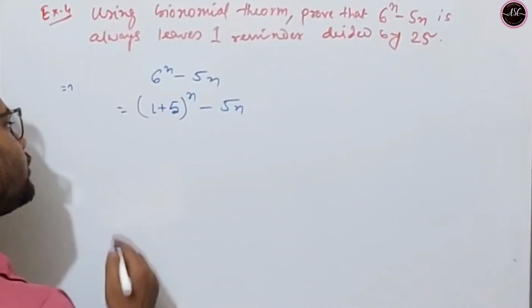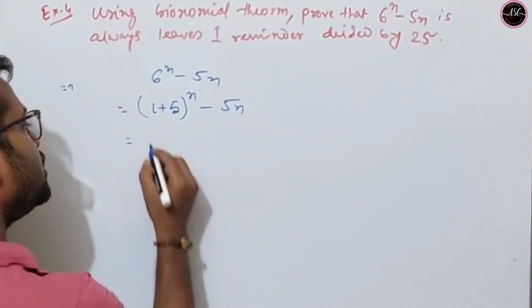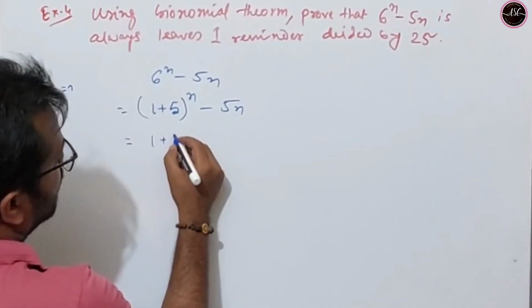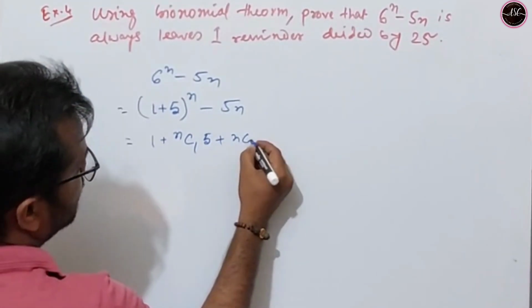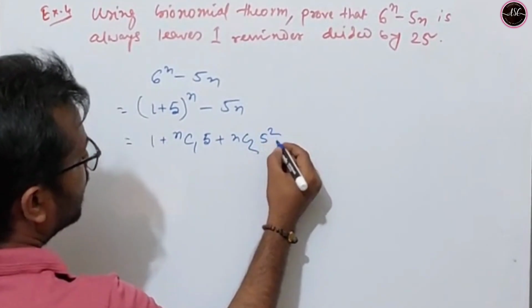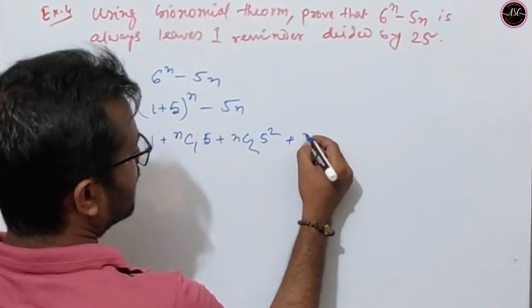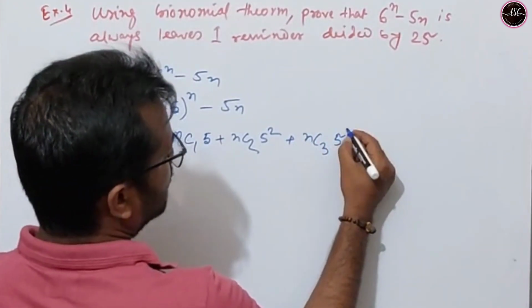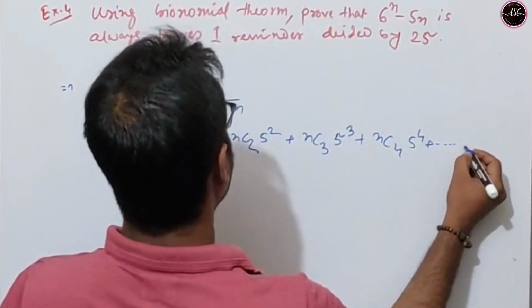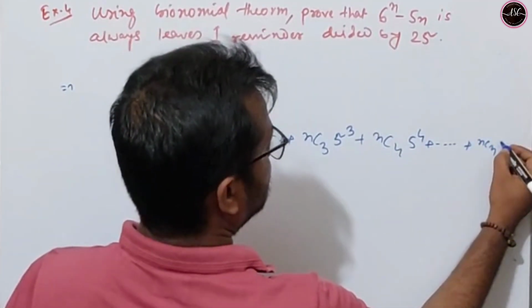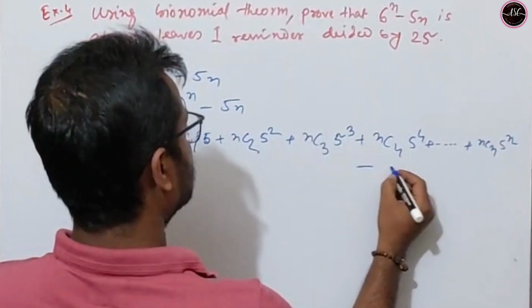Just apply the binomial theorem. So here 1, here nc1 5 plus nc2 5 square plus nc3 5 cube plus nc4 5 to the 4 plus dot dot dot dot ncn 5 to the power n, minus 5n.